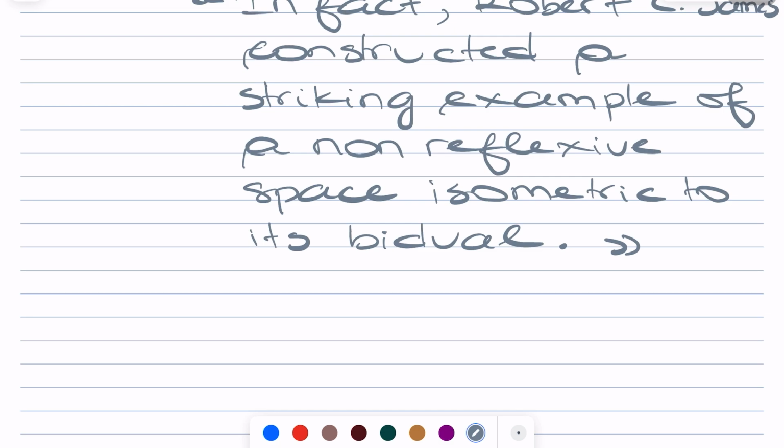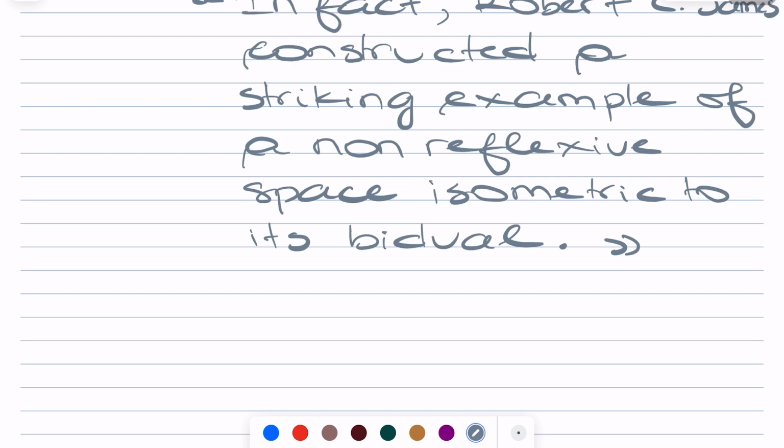Again, as we shall see in the upcoming lectures, every Hilbert space is reflexive, and this is just a consequence of the so-called Riesz representation theorem. And also L^p spaces, for p strictly between 1 and infinity, are reflexive.